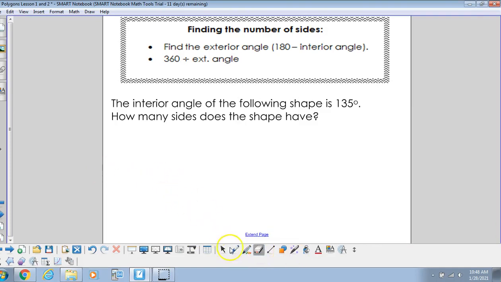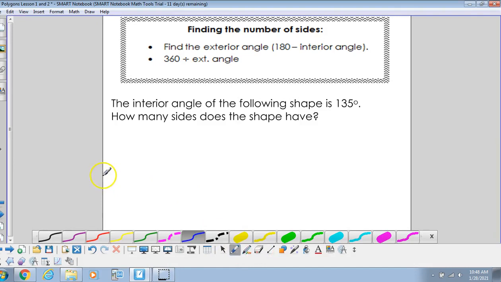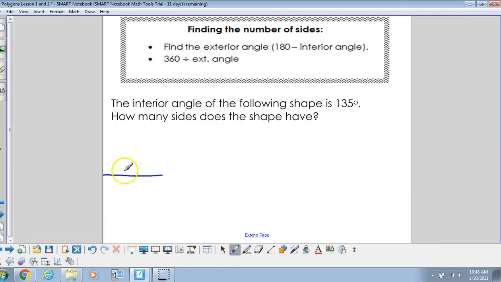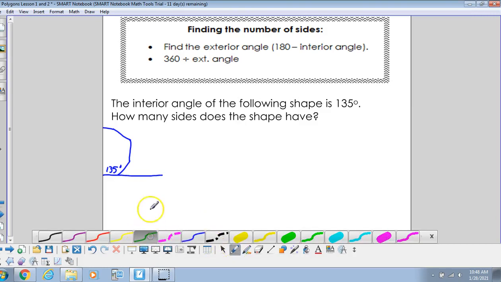An interior and an exterior angle make a linear pair. So if we had some shape, I'm just going to draw a generic shape over here. It's going off my screen here. Okay, if my interior angle here is 135 degrees, then I can find this exterior angle because the interior and the exterior form a linear pair.